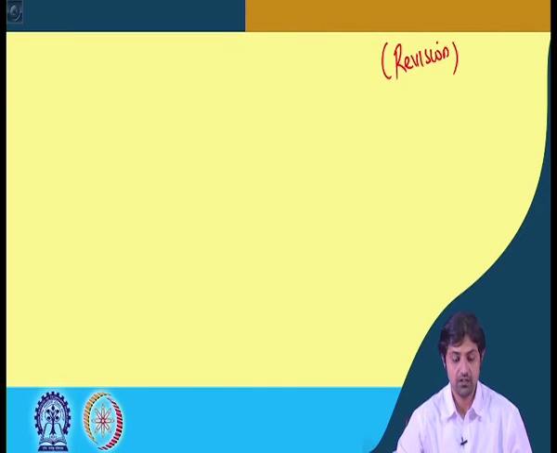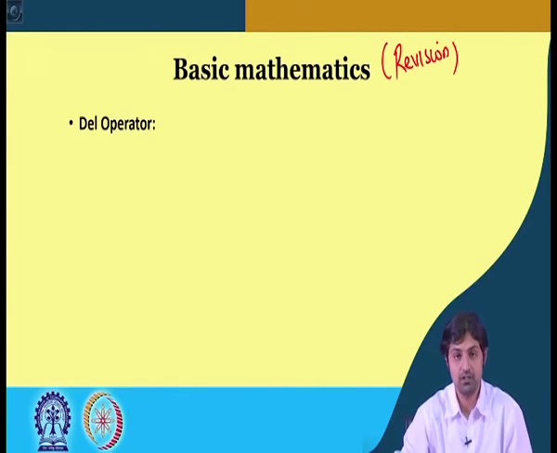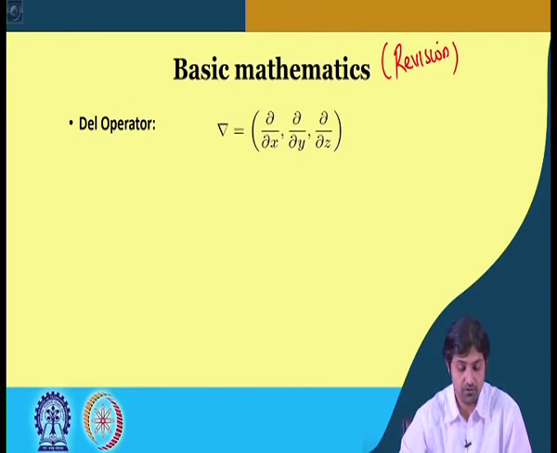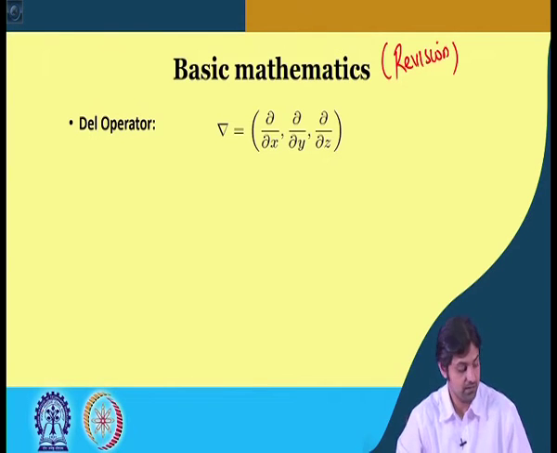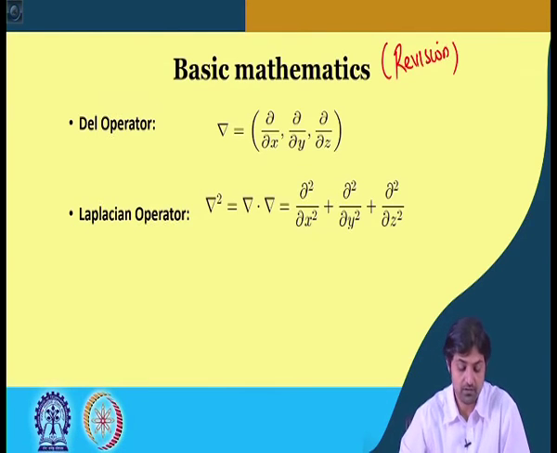But before that we should revise some basic mathematics, and this concerns our mathematical operators. For example, there is an operator called del operator, which every one of you knows. It is del/del x, del/del y and del/del z. Now the Laplacian operator is del square, that means it's del square by del x square, del square by del y square and del square by del z square.